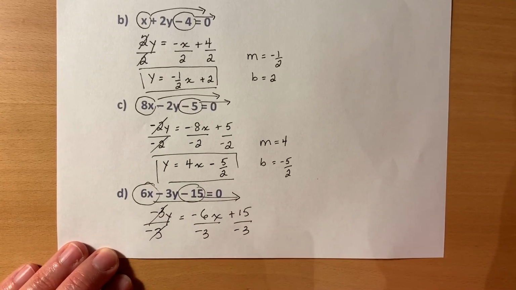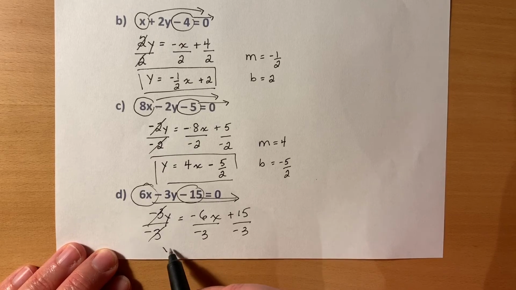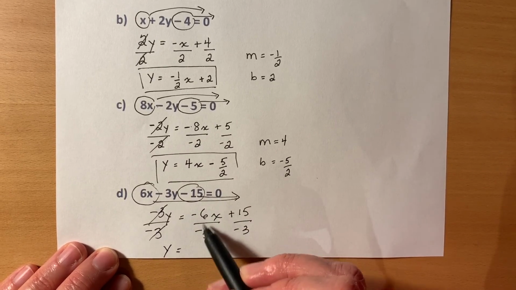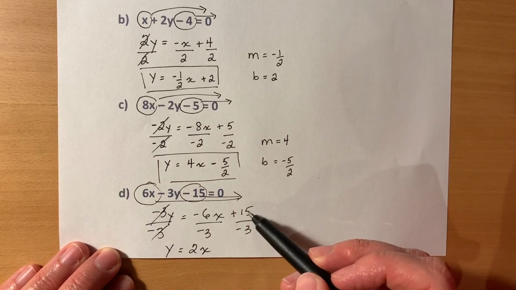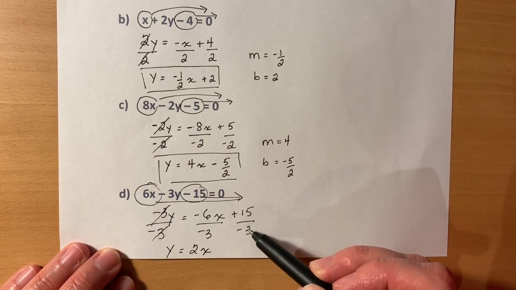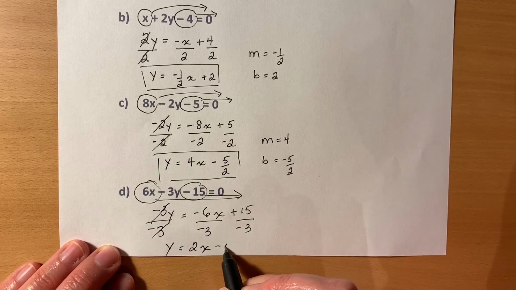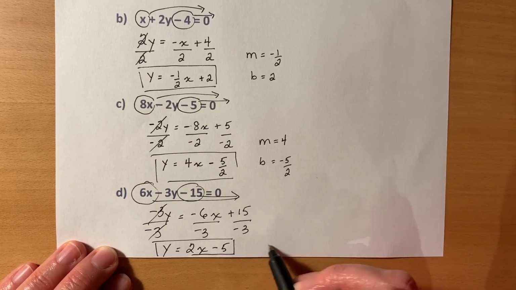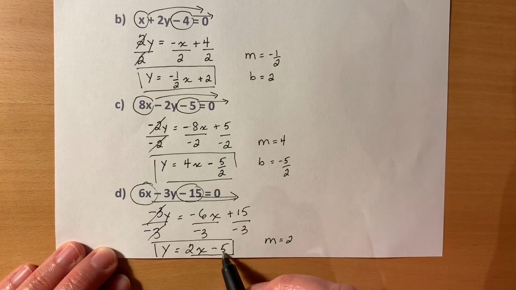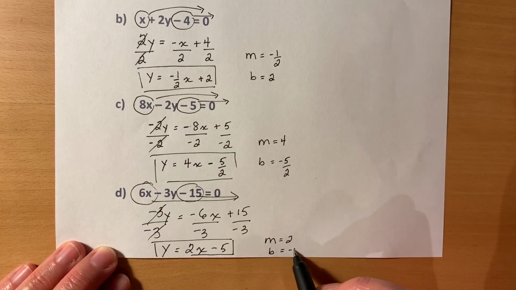The negative 3 divided by negative 3, positive 1. Negative 6 divided by negative 3, positive 2. 15 divided by negative 3, negative 5. And then my m value here is 2. And my b value here is negative 5.